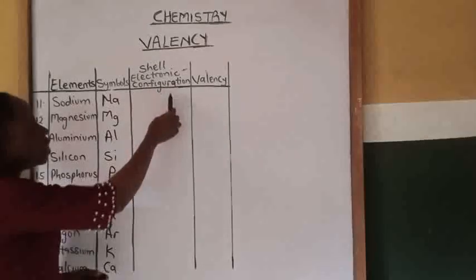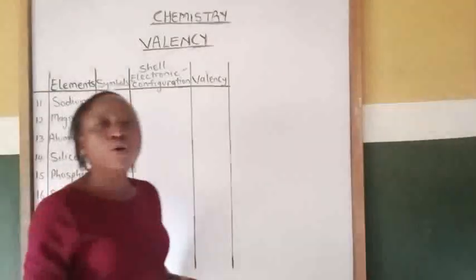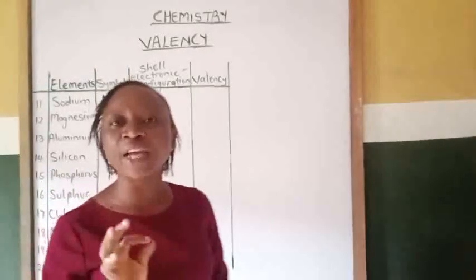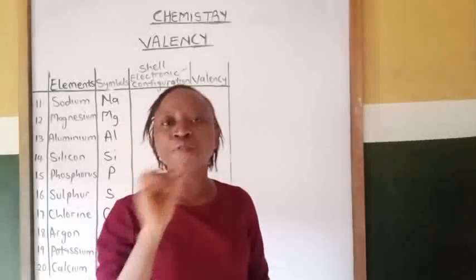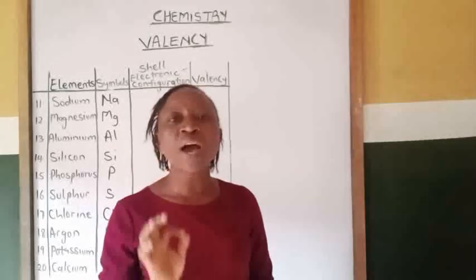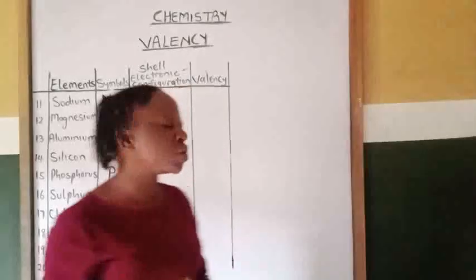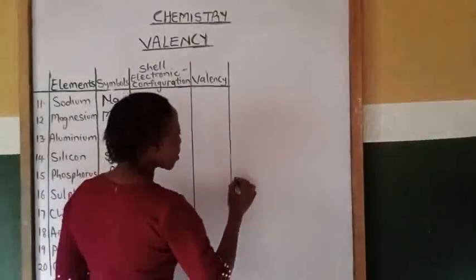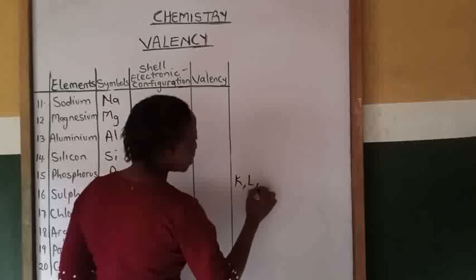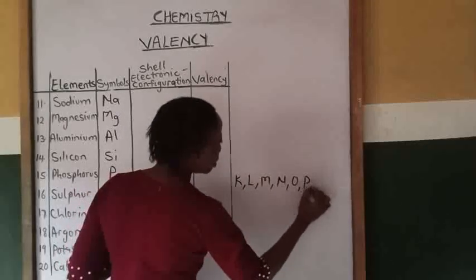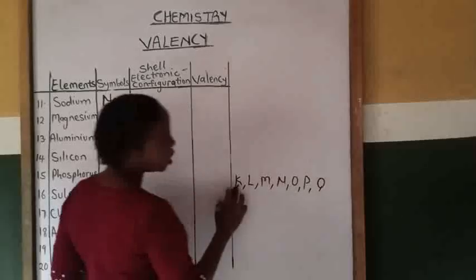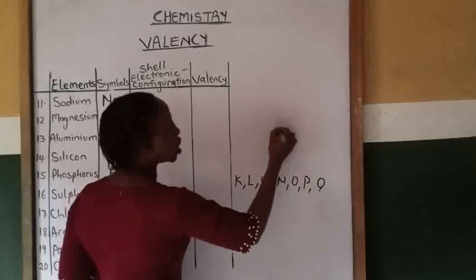To write their shell electronic configuration, we are going to apply the knowledge of electron distribution, whereby electrons revolve around the shell. We have 7 types of electronic shell: K, L, M, N, O, P, Q. The first shell is called K shell.